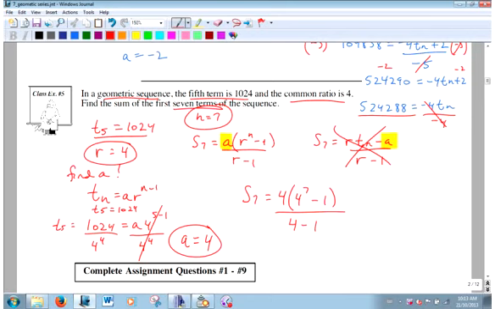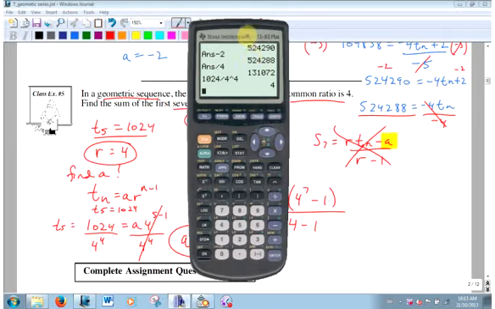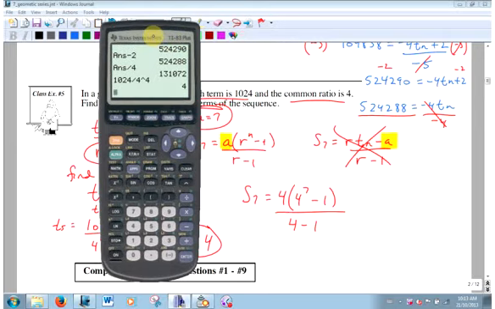Okay, this one looks a little nicer than the first one because there are no negatives for R. We should put this in our calculator. 4 times 4 to the 7th power minus 1. Okay, that's the stuff on the top. Divide that by 3. 21844.